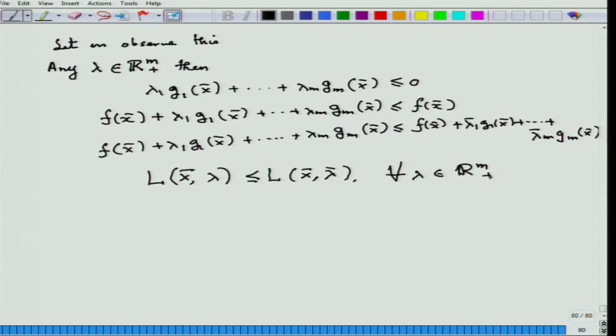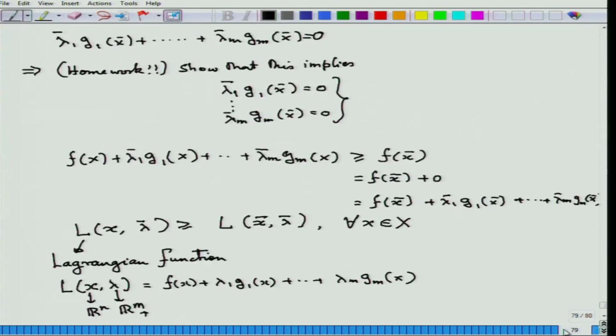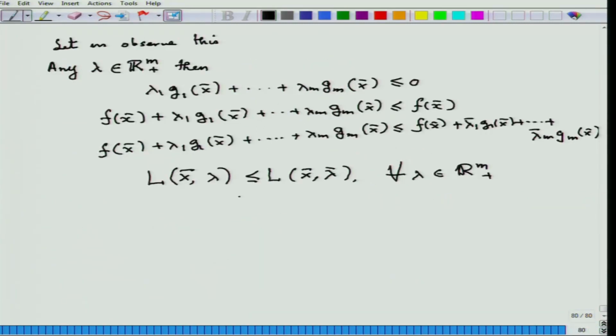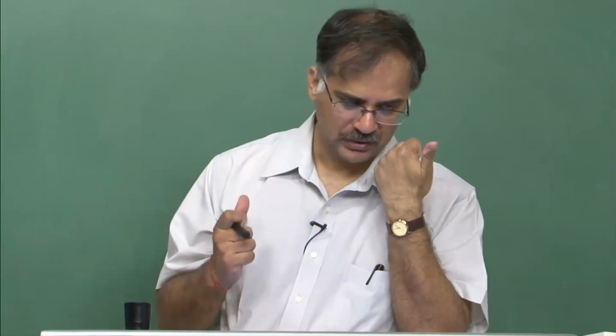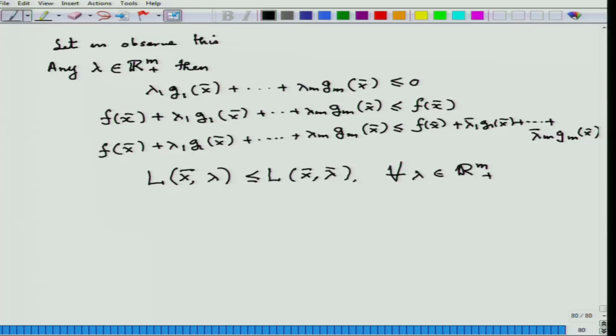So, what I have shown is that if x bar is a solution, then there exists a lambda bar where lambda 1 bar, lambda 2 bar, up to lambda m bar are greater than or equal to 0, and once I fix the lambda bar, the Lagrangian becomes a function of x, and it is minimized over the set capital X. So, x bar minimizes this function, while if I fix my x bar and vary my lambda, I can always get a lambda bar such that lambda bar maximizes L of x bar, lambda.